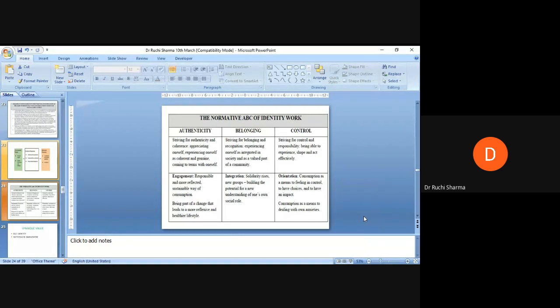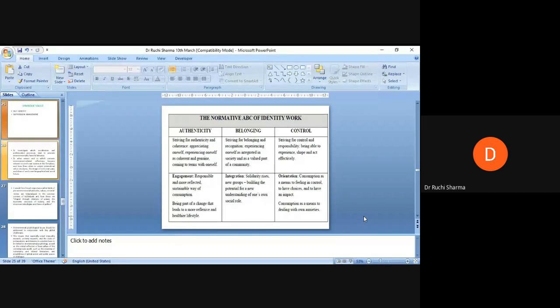Next is control. Here we strive for control and responsibility, where we are able to experience, shape, and act effectively. So here consumption is a means to feeling in control, to have choices, to have an impact. So consumption is considered here as a means to deal with our own anxiety, to overcome our emotional responses.